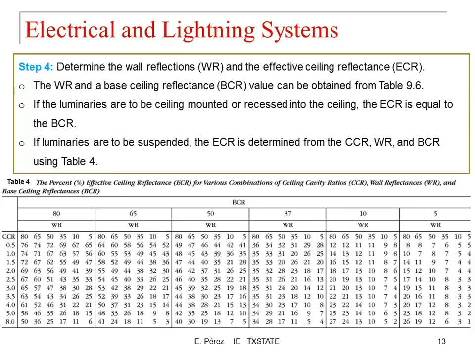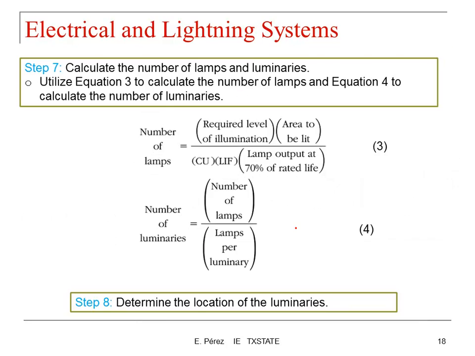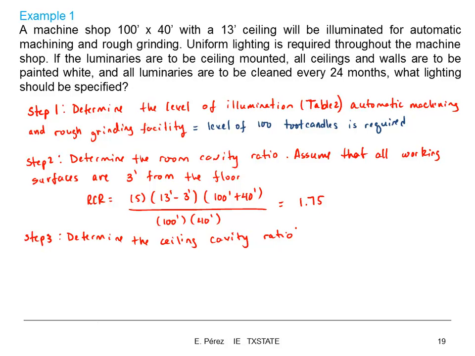So for step 3, the CCR need not be considered as luminaries are ceiling mount.